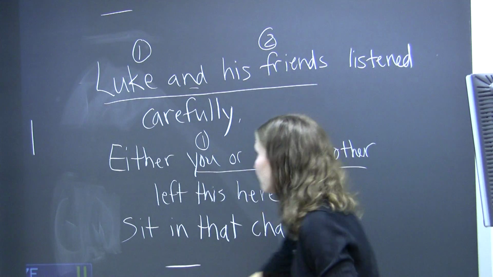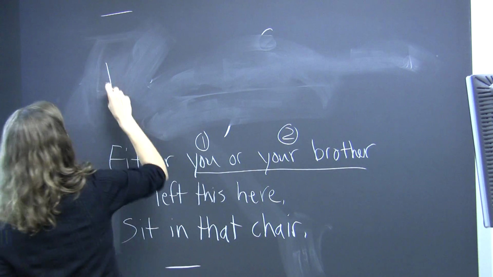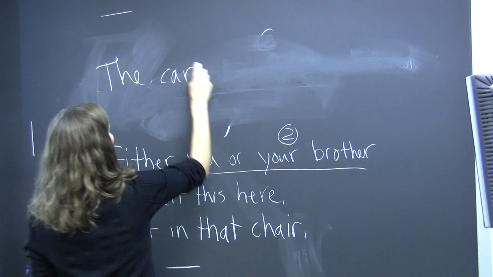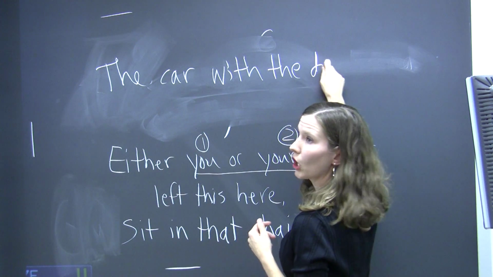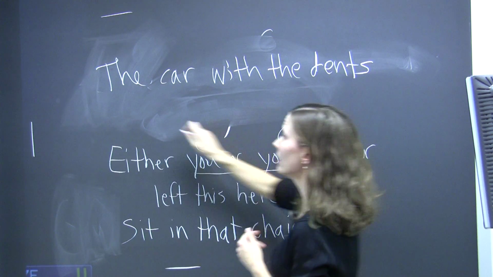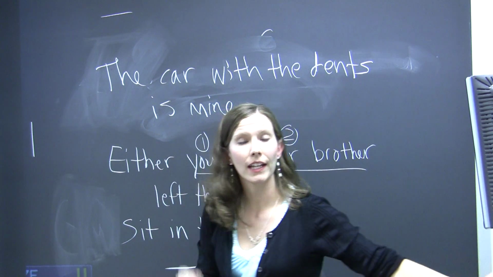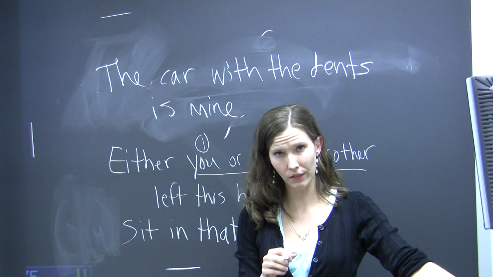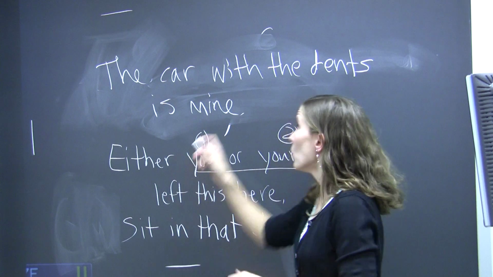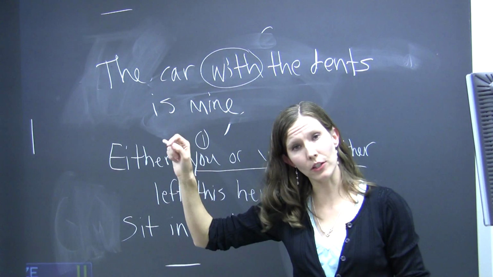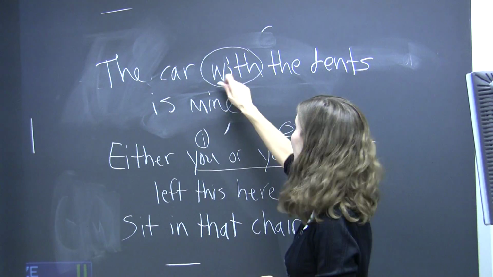So for example, if I have the car with the dents is mine, and I'm trying to locate the subject of that sentence, first, I'm going to look for prepositional phrases. With is a preposition, so the entire prepositional phrase is with the dents.